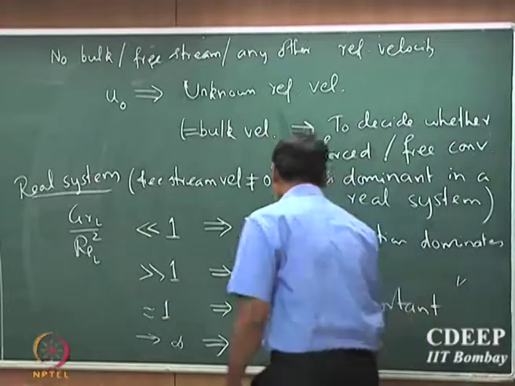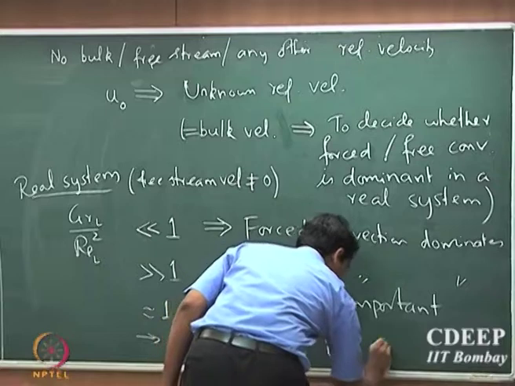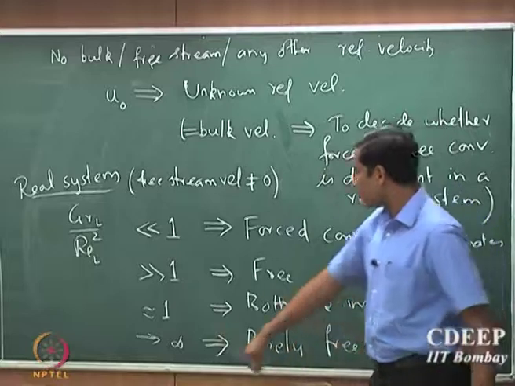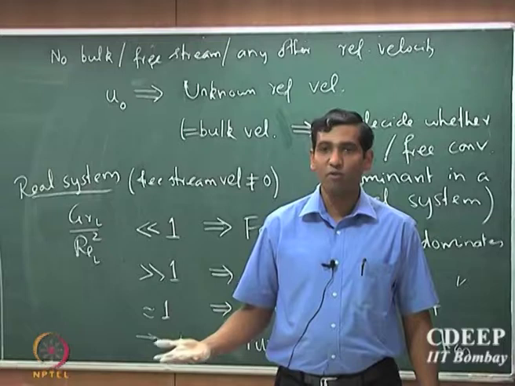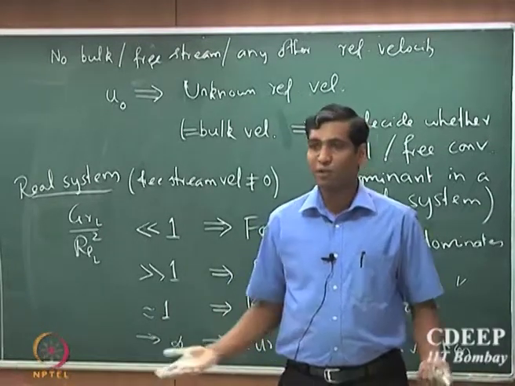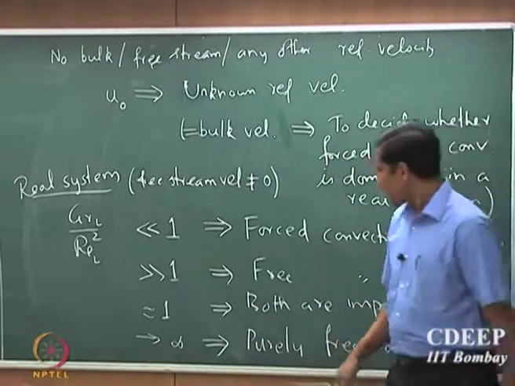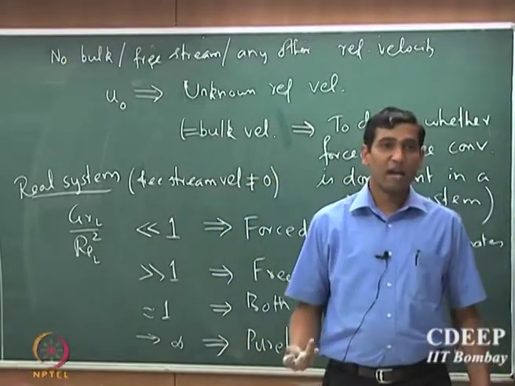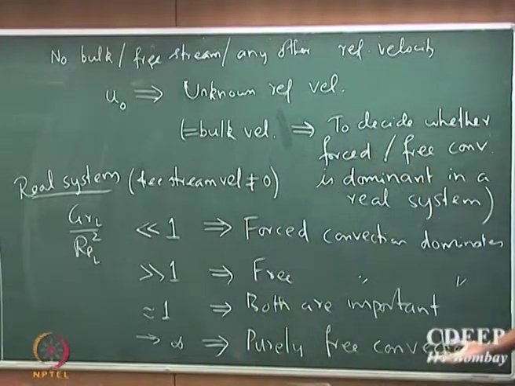When this goes to infinity, it simply means that the bulk Reynolds number goes to 0, which means that the bulk velocity is 0, which is the definition of free convection. We started by assuming that it is a quiescent fluid. So when this tends to infinity, the Reynolds number is 0, the bulk fluid is at rest, and so it is a purely free convection problem.